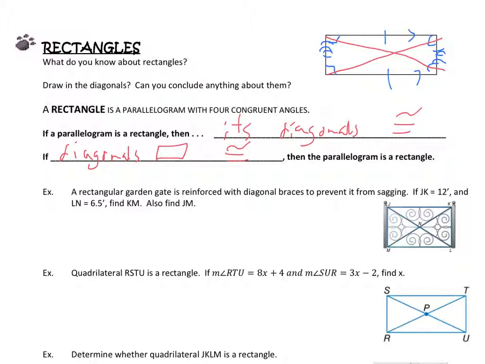Look at the first example we have here. We have a rectangle, and it says that a rectangular guarding gate is reinforced with diagonal braces to prevent it from sagging. If JK equals 12 and LN equals 6.5, that's this segment right here, find KM. KM would be the entire diagonal.